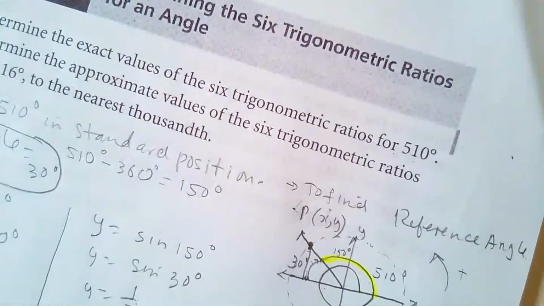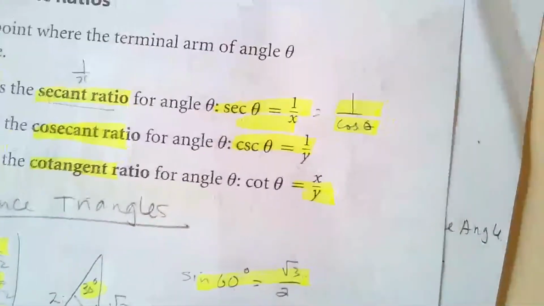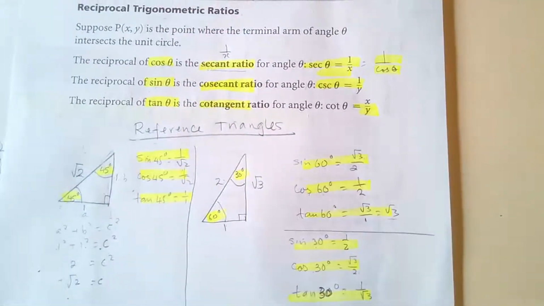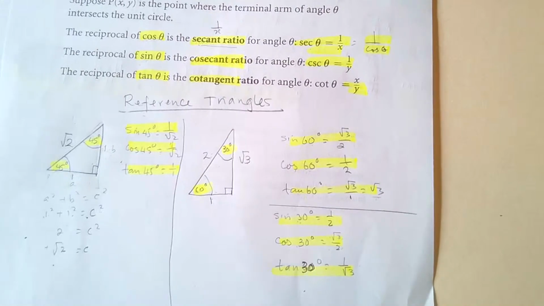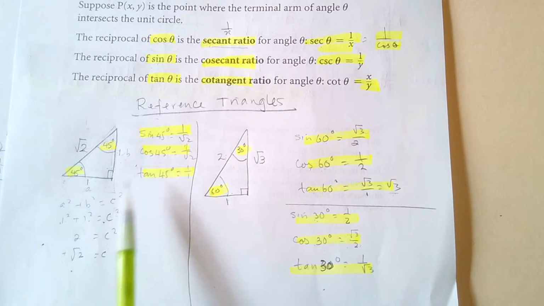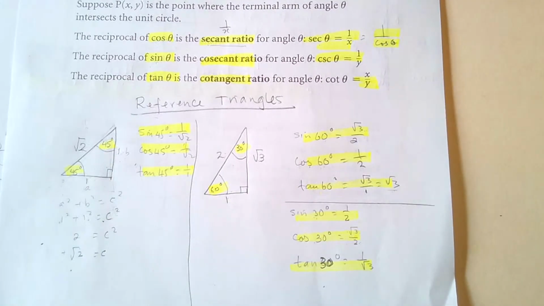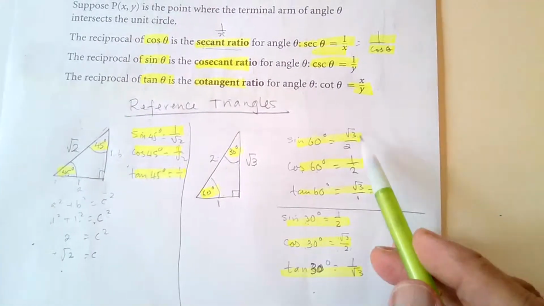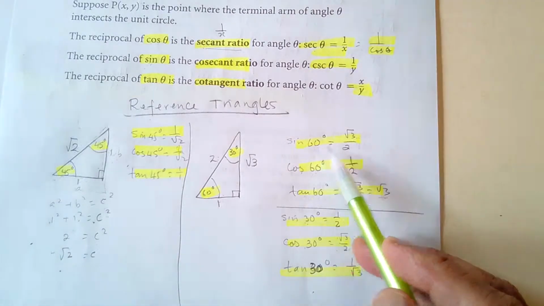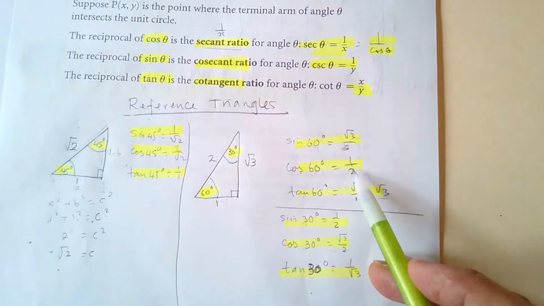You will need your reference triangles. So you'll need these 6 ratios here. So your tan is here, 45 degrees. And also sine 60 degrees root 3 over 2. Cos 60 degrees is a half.